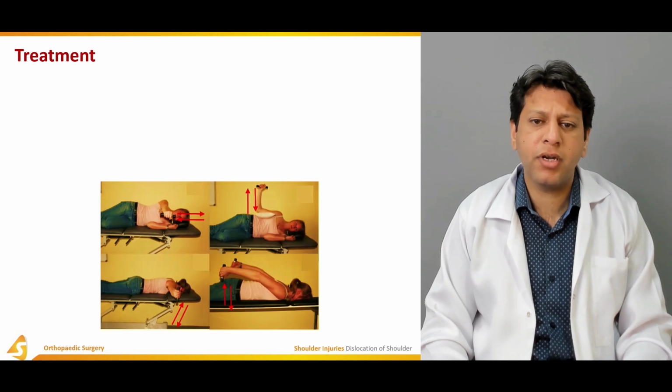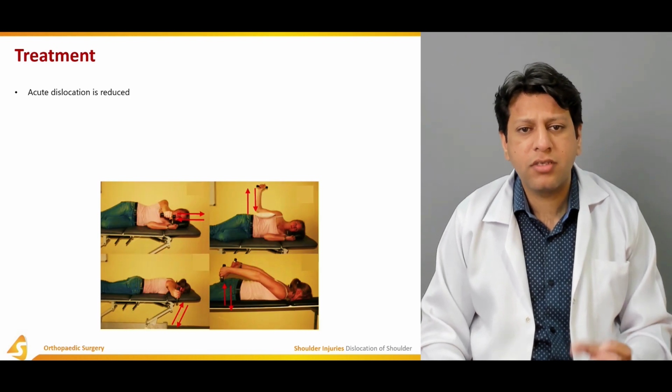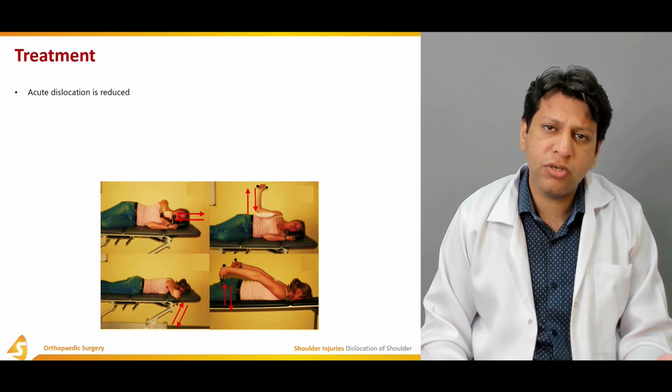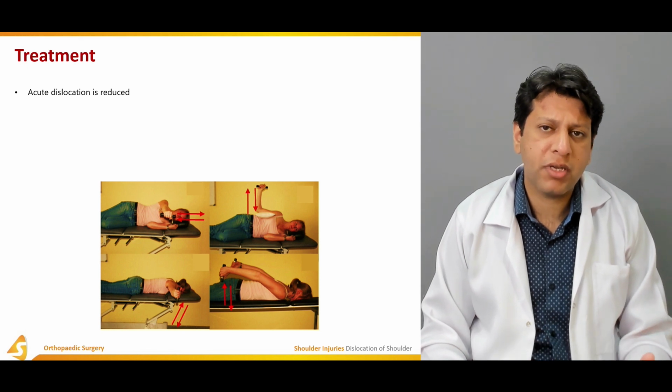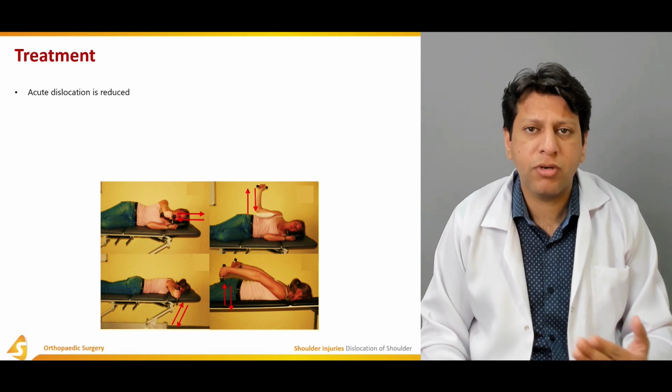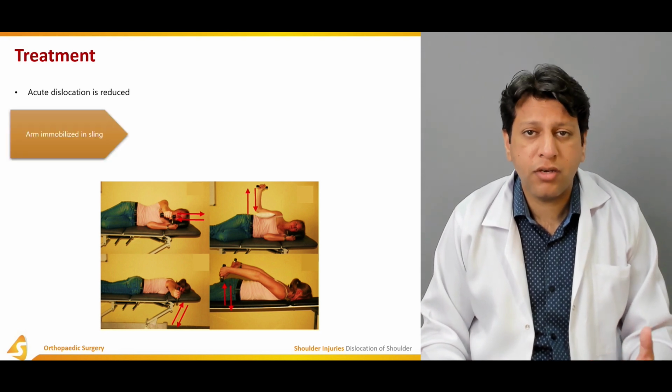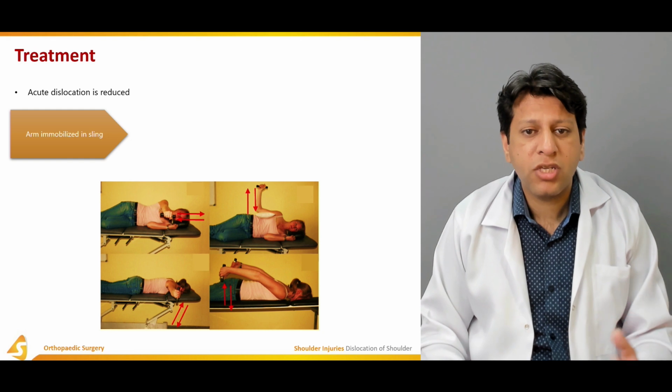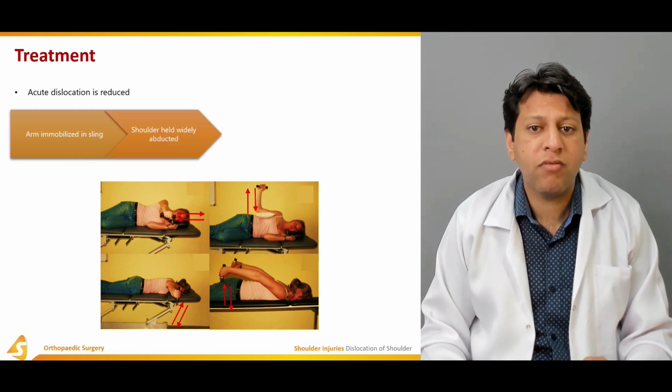Now coming to the treatment. If it's an acute dislocation, it has to be reduced, using different methods such as Stimson's and Kocher's; there are different techniques for reduction of posterior dislocation. Then the arm has to be immobilized in a sling, with the shoulder held widely abducted.